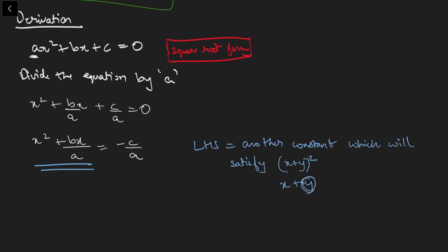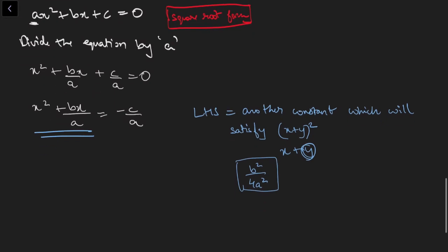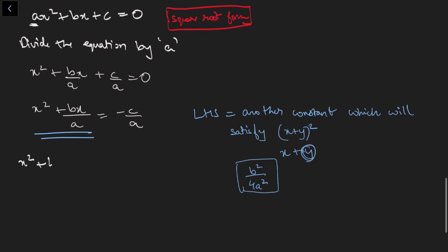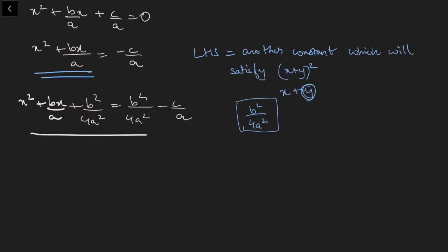So over here y can be written as b square by 4a square, and that is because when you take this as the constant on the left hand side, you're going to get x square plus bx by a plus b square by 4a square, and on the right hand side too you have to add b square by 4a square because it's the whole equation, and you're going to get this as your next step.